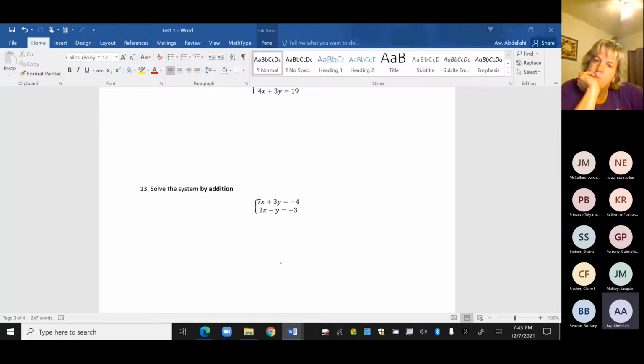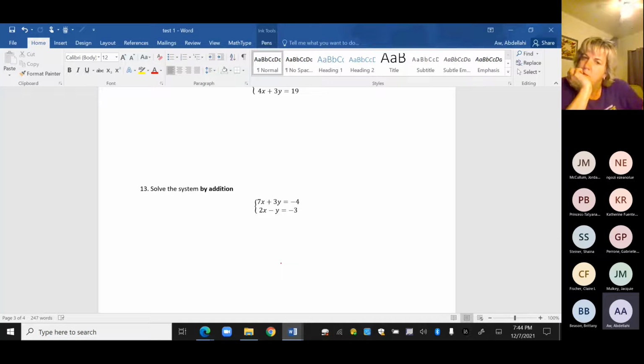Look at the two equations. In front of x, you have 7 and 2. In front of y, I have 3 and negative 1. Which one is going to be easier for me to become opposite numbers? The number in front of x or the number in front of y? The number in front of y? Exactly.